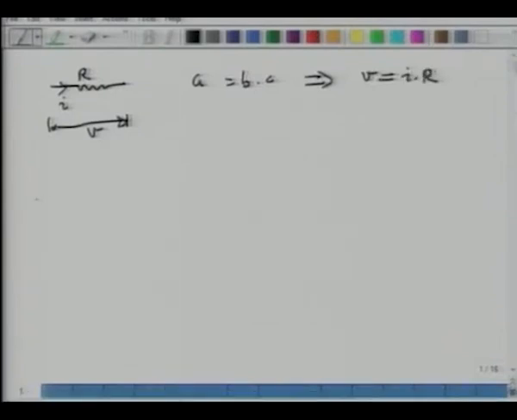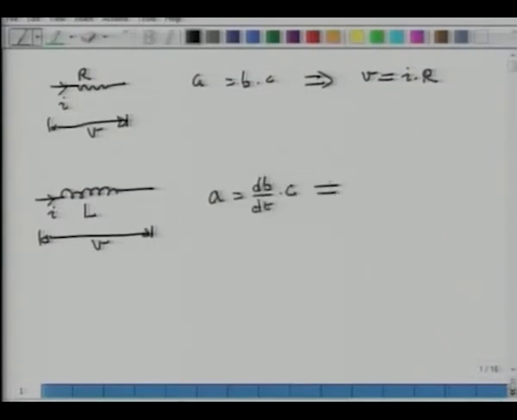If I have an inductor with an inductance L, current is I, voltage across the inductor is V, then A equals dB over dt times C. This relation maps to voltage equals L times rate of change of current.